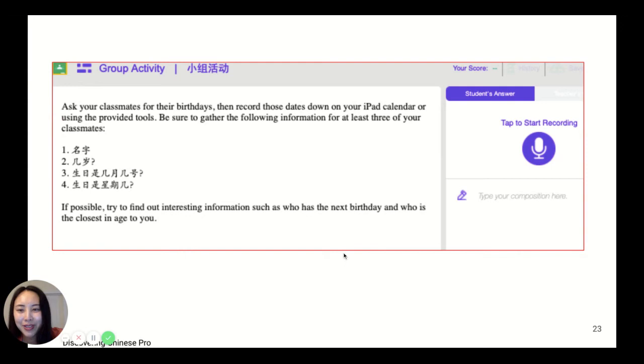And also give students opportunity and options for group activity. So after they practice on their own independently, they should have opportunities, the options to work in a group so they can build collaboration and teamwork around working on the content of language learning.